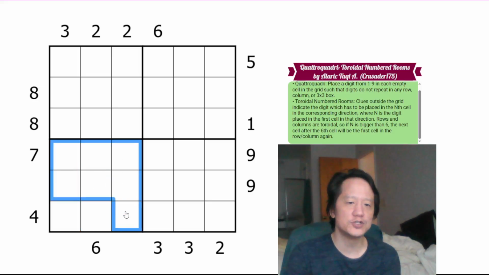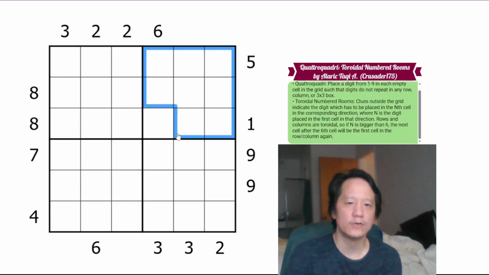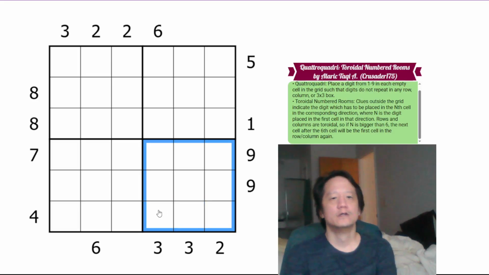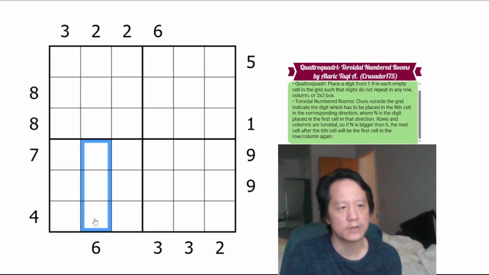Well, okay, we have the digits 1 through 9 in each of the 4 boxes, right? The 2 has to be here and here, or here and here.